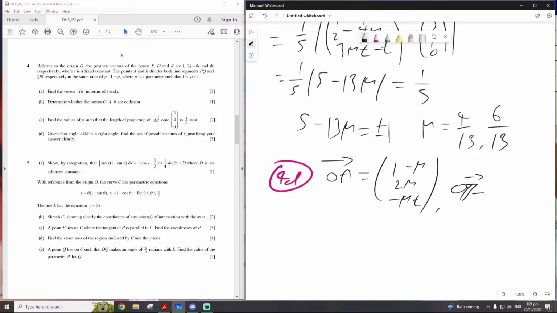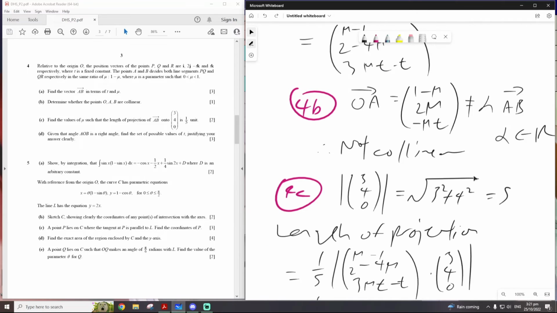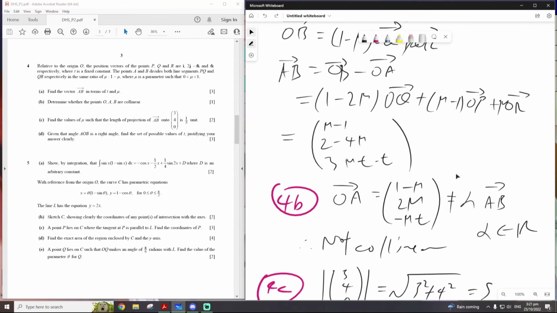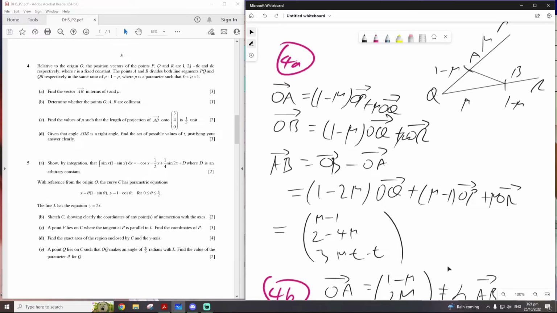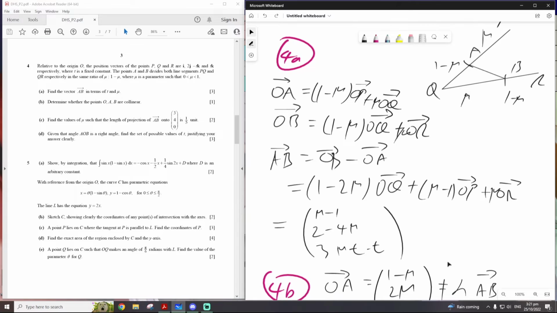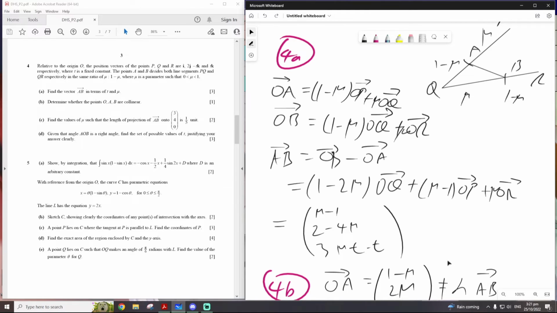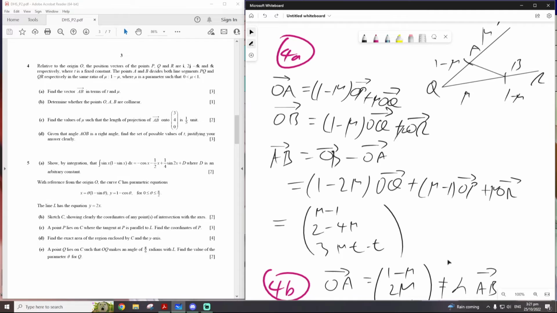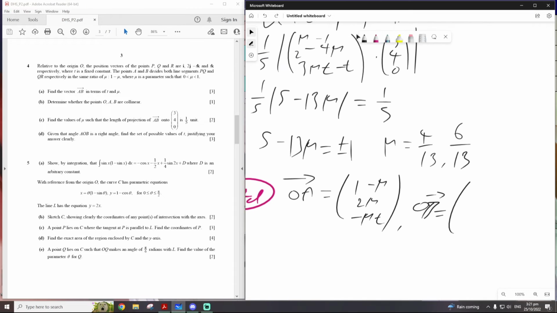What is OB? Let me just check. OB is (1 minus mu) OQ, so that's 1 minus mu. There's no i component, so it should be 0. That's written here. It's (0, 2 minus 2 mu, 2 mu t minus t).